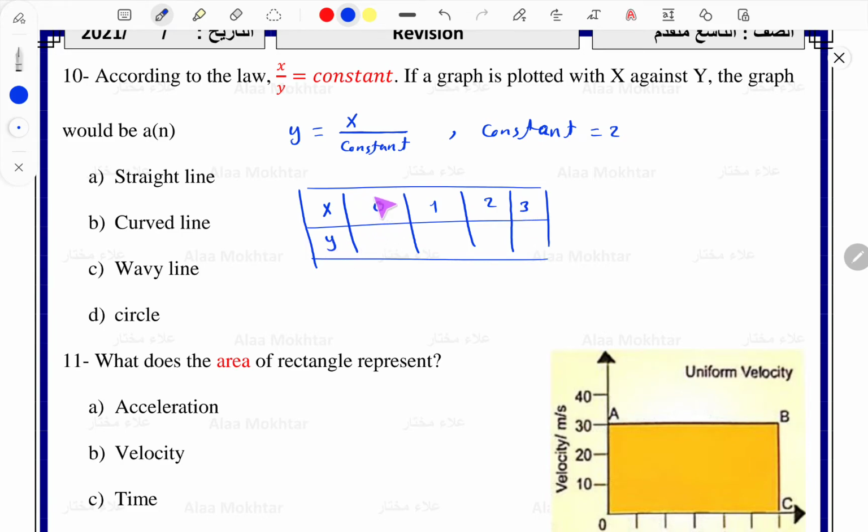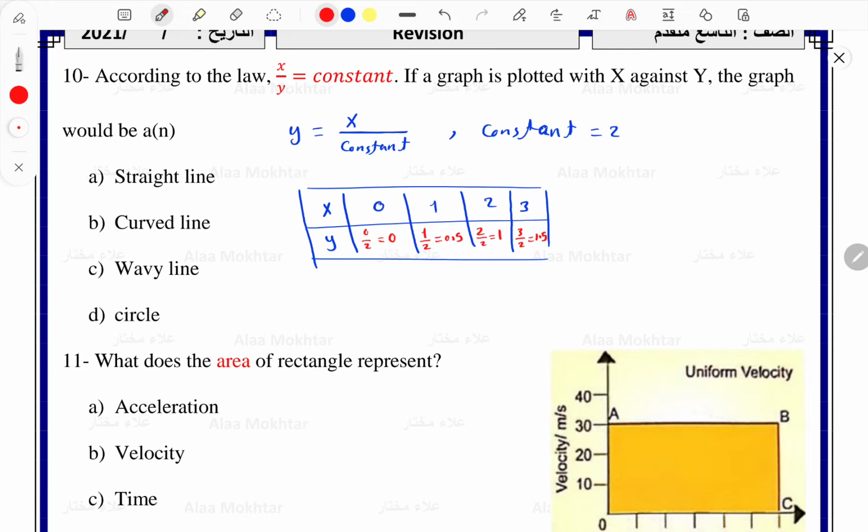First one, if x equals 0, y will equal 0 over 2. It will equal 0. If x equals 1, y will be 1 over 2. It will be 0.5. If x equals 2, y will be 2 divided by 2. It will be 1. And so on. 3 divided by 2 will be 1.5.